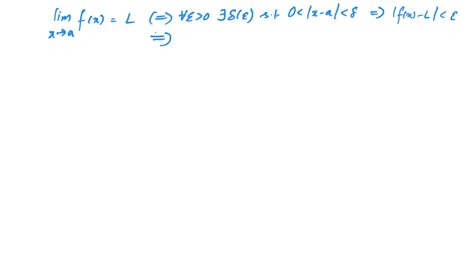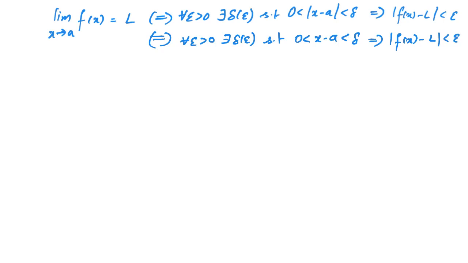However, this is equivalent to for every epsilon greater than 0 there exists a delta that depends on epsilon such that 0 is less than x minus a is less than delta, implies that mod of f of x minus L is less than epsilon, and both should be true. That's what I mentioned by and.